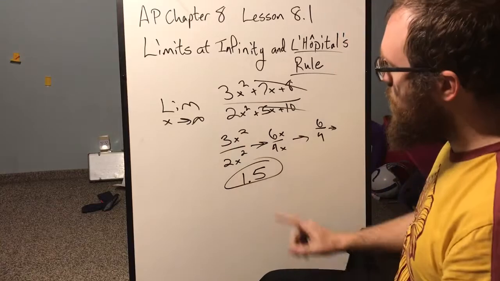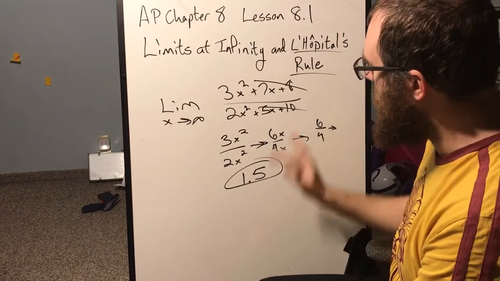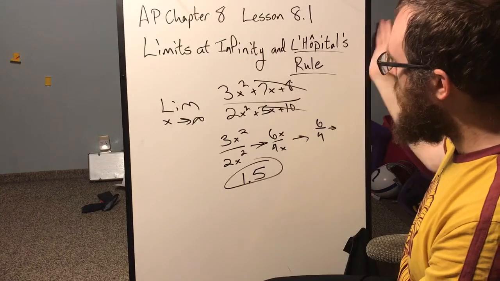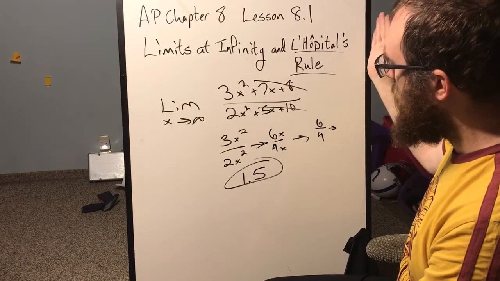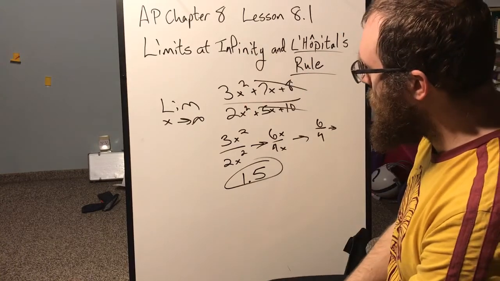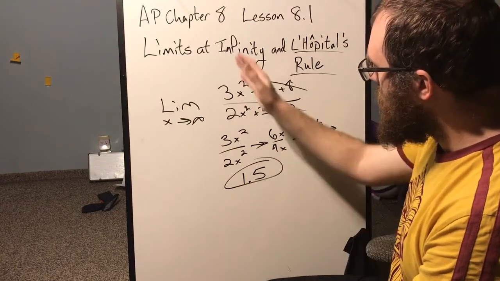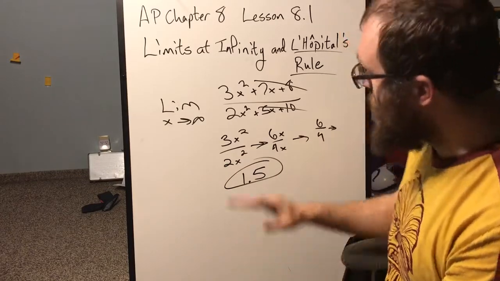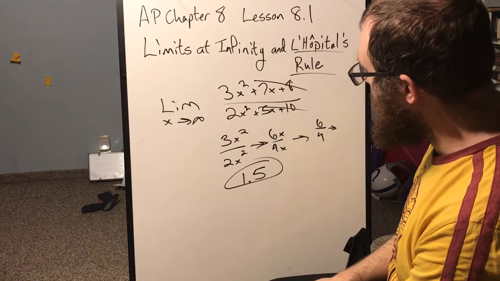That is the limit as x approaches infinity of this function. That's where this function's headed. That's how L'Hopital's rule works. Eliminate everything but your highest degree elements, and then take the derivatives down until you've wiped everything else out.